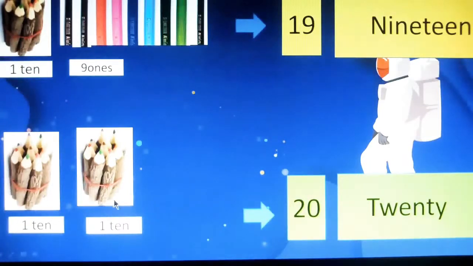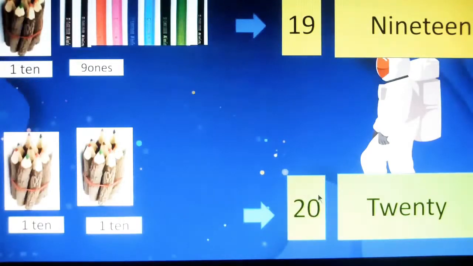1 ten and 1 ten, 2 tens. 2 tens means 20. 1 ten and 1 ten make 2 tens. 2 tens means 20.